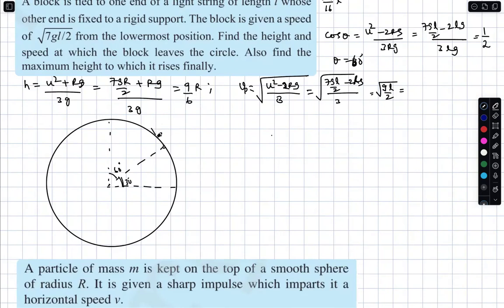Now you know VP here. VP will have two components. The horizontal component is at 30 to 30, which means this is also 60. So it follows a parabolic path.